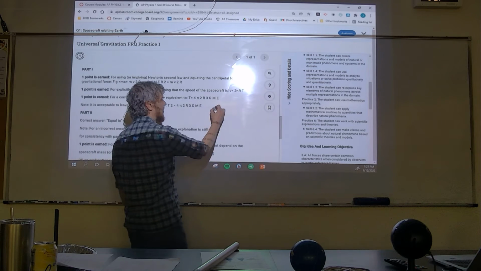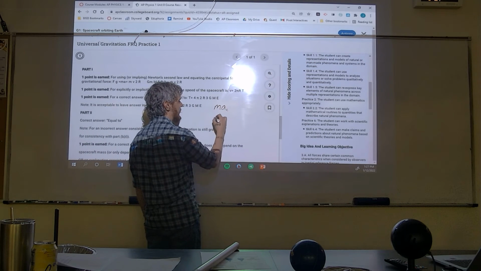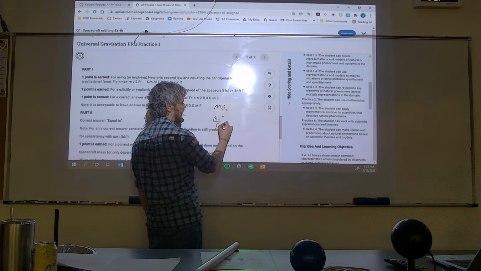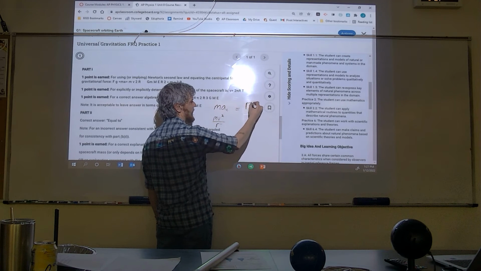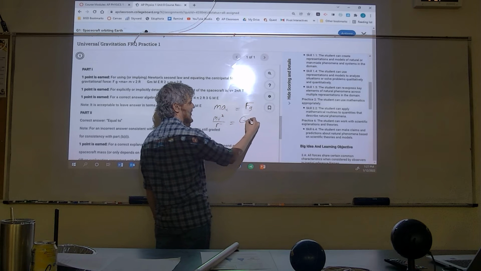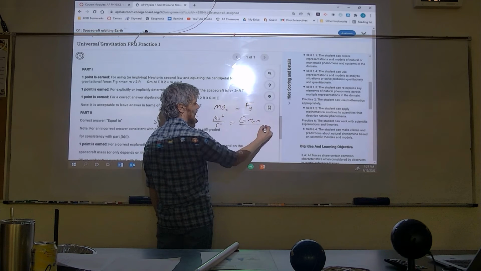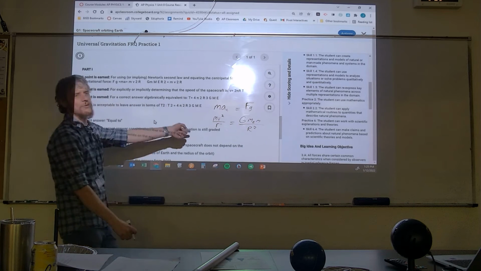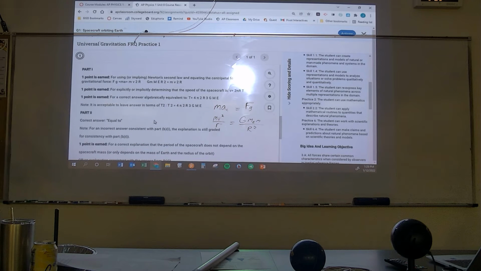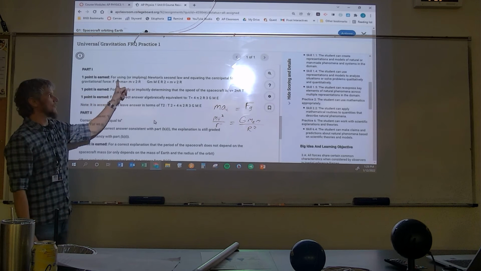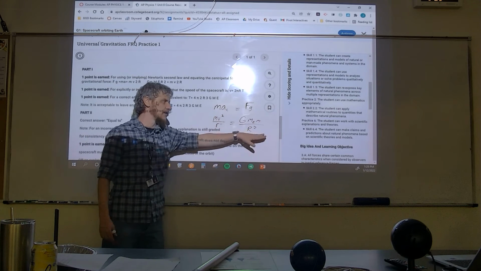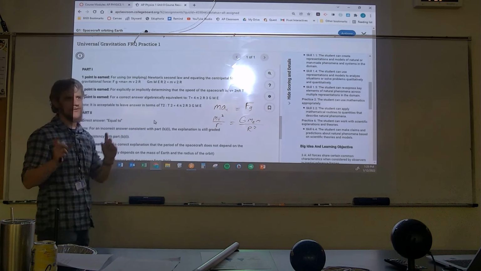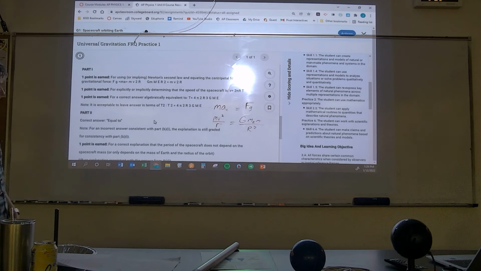This is equating this, in either form, with the force of gravity expressed as big G m Earth m over orbital distance squared. One of the points was from just realizing that those two expressions are the same. And notice it says using or implying. You can skip the initial steps as long as the reader sees that you have something that shows that those two forces are equal to each other.